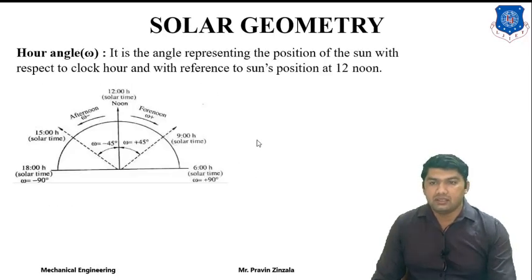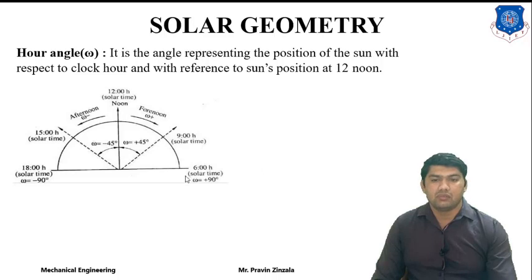The second definition is hour angle. It is the angle representing the position of the sun with respect to the clock hour and with reference to the sun's position at 12 noon. So it is called hour angle; the angle of the sun changes every hour, and we can measure it at every hour.